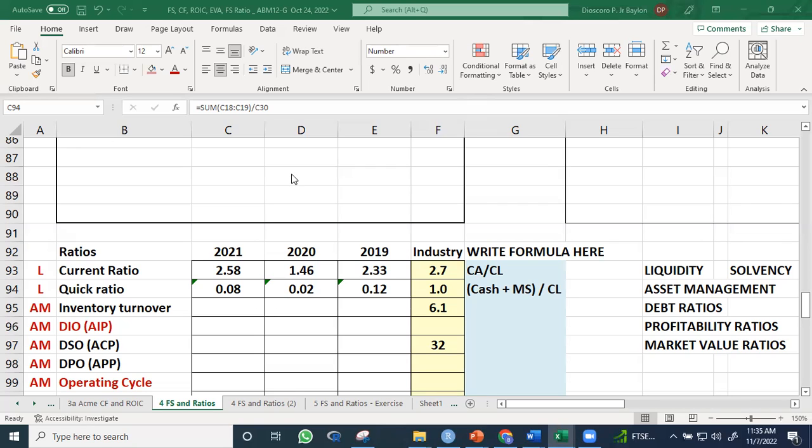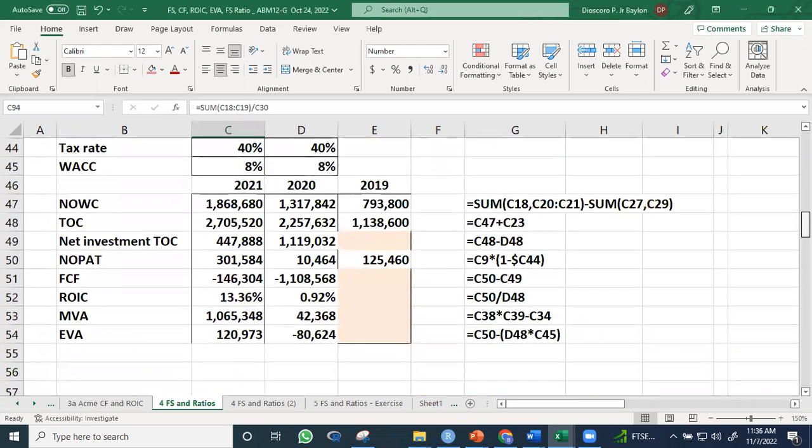Okay, may question dito. Again, please, yung question, sino to? Jeremy, pakishare yung question mo sa class. Please, Jeremy. For the benefit of everyone. Okay, thank you. Okay, MS is marketable securities, otherwise known as short-term investments.